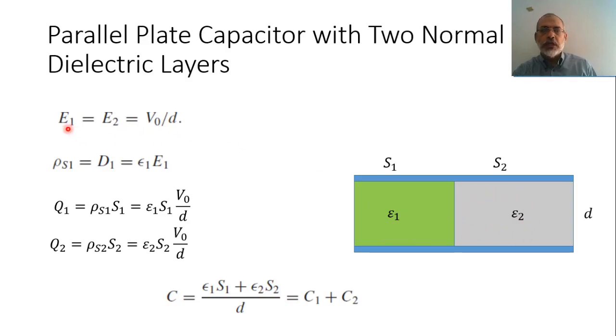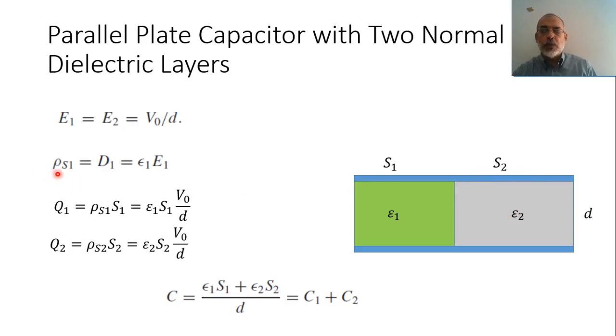So the potential is constant either in the first dielectric or the second dielectric. So we say that E1 equals E2 equals the potential difference V naught over the distance d. But the surface charge density here is different from the surface charge density here. Why? Because epsilon here is different from epsilon here.